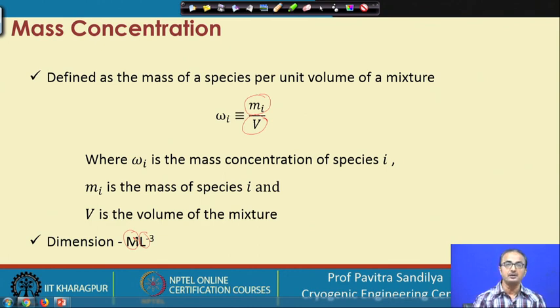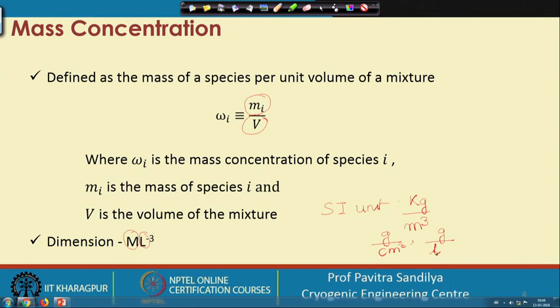So, it is mass per unit volume. So, in case of mass concentration, if I represent in terms of the SI unit, it will be kg per meter cube. Other than this, we may have other units too, like gram per centimeter cube or gram per liter, and depending on the unit system we are using, whether SI system, MKS system, or CGS system, we will be having different types of units for this concentration.